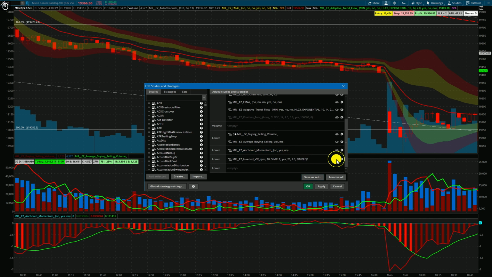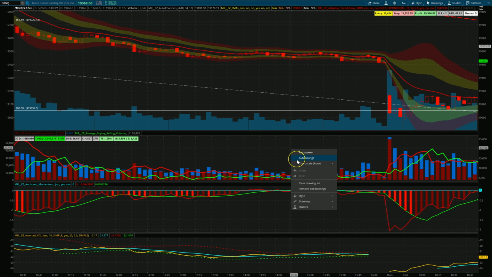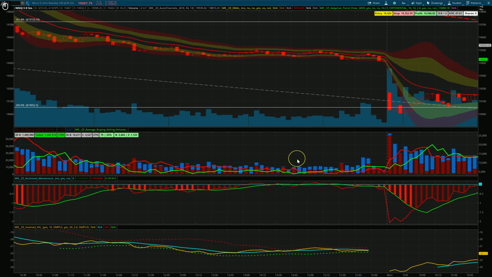Turn it on. Gonna apply it. Gonna balance out the charts. Auto arrange. All right. Now we have a little bit of a problem, unfortunately, with the inverted VIX here. What's the problem?